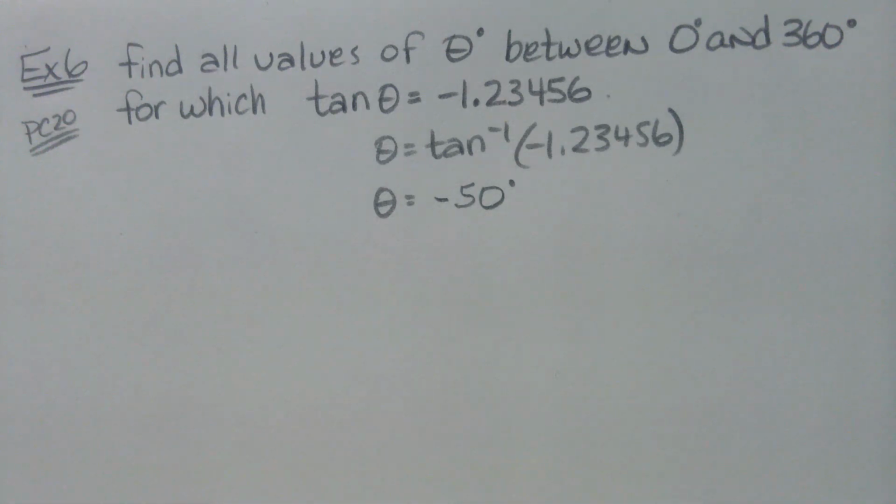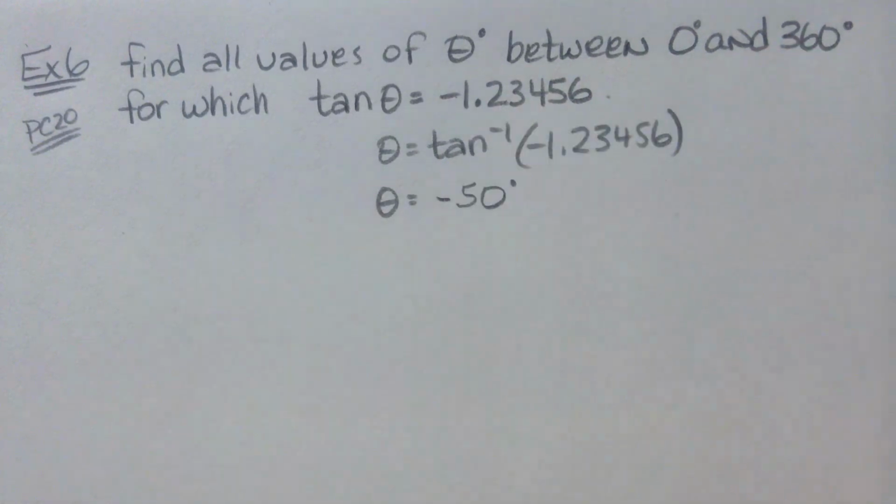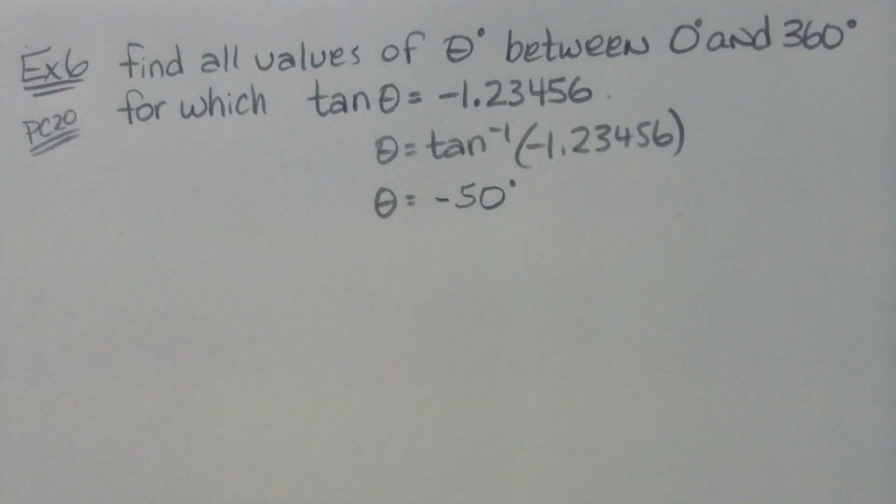It doesn't tell me that it's a negative angle, because the question says 0 to positive 360, not 0 to negative 360. So I know it's a positive theta value, and this tan is negative. So where is theta actually located? Because your calculator gave you what could be a reference angle, or it could be an actual theta angle if it's in quadrant 1. How do I know where I am?